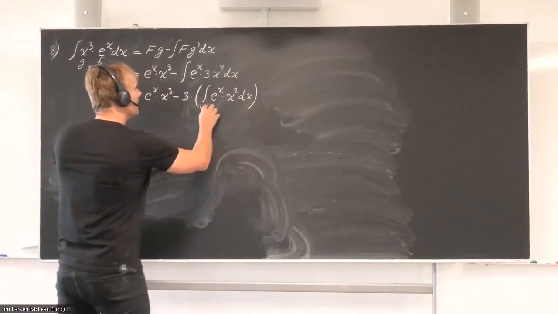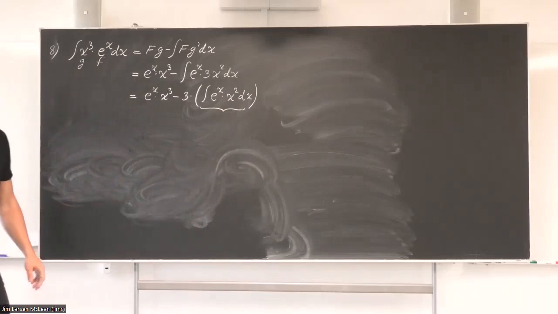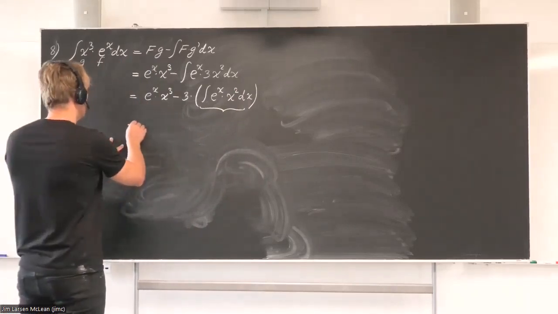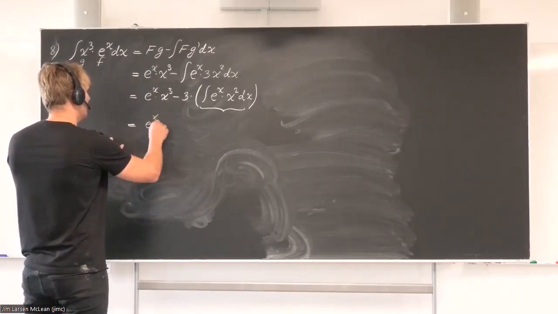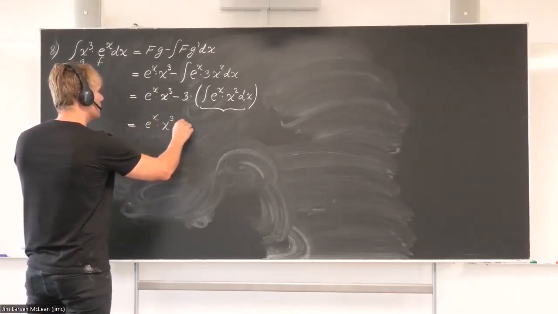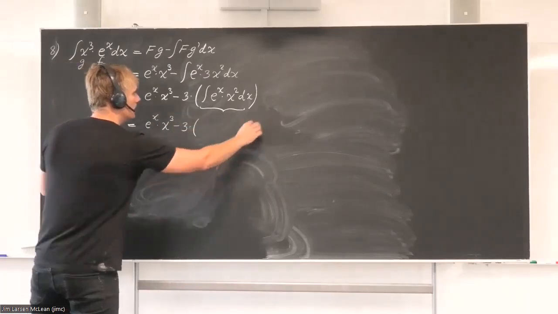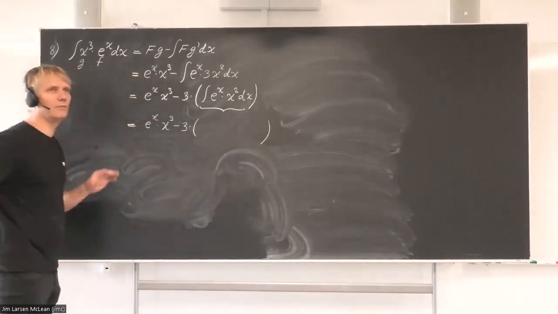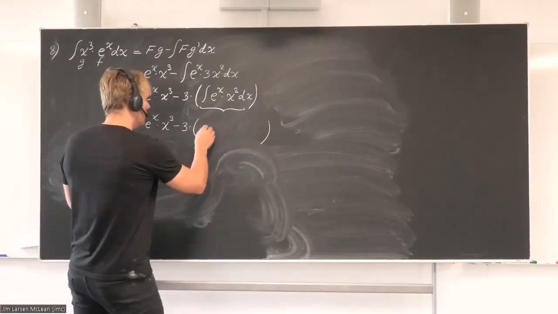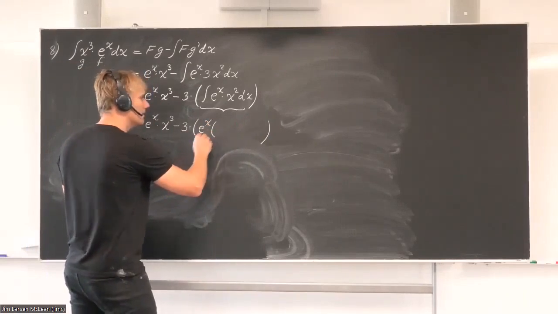But we've already calculated this integral. We calculated it just before, so no need to do it again. We'll just grab the result from earlier. So that gives e to the x times x cubed minus 3 times something, and that something was what we got before. I don't know if any of you were smart and wrote it down, but didn't it give e to the x times a second degree polynomial?